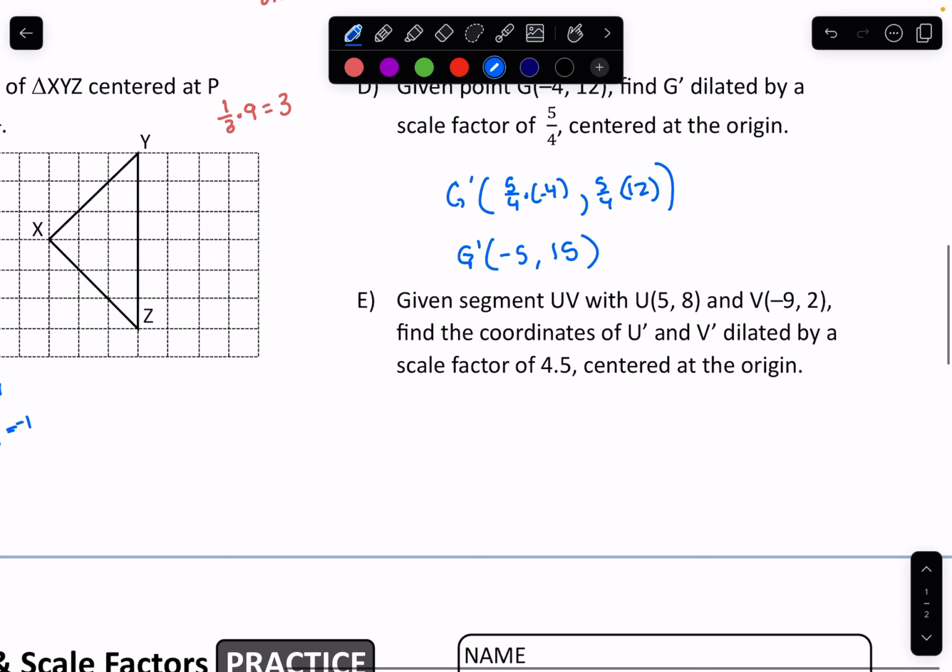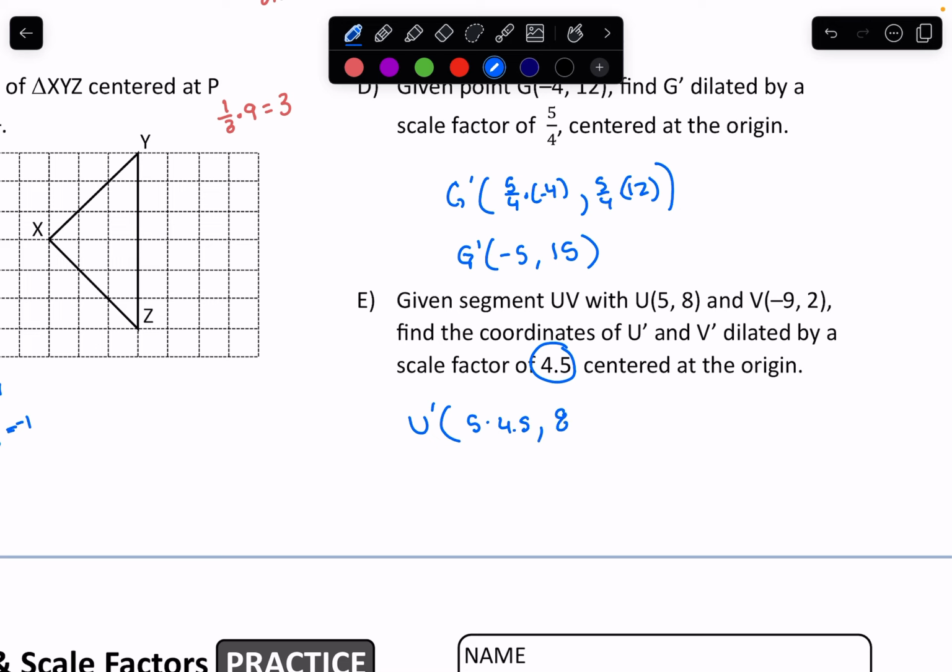Given the segment UV, where U is 5, 8 and V is -9, 2, find U prime and V prime if you dilate by 4.5. All right, so U prime is going to be 5 multiplied by 4.5, comma, 8 multiplied by 4.5.